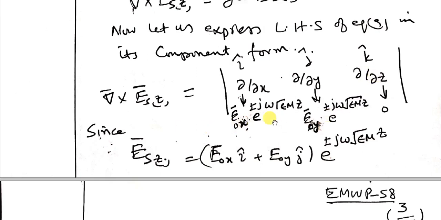For E of S z, which is E naught x i plus E naught y j, the i component is multiplied with e raised to plus minus j omega square root of epsilon mu z, and similarly E naught y times e raised to plus minus j omega square root of epsilon mu z. The z component in E of S z is missing, so we put 0 there.